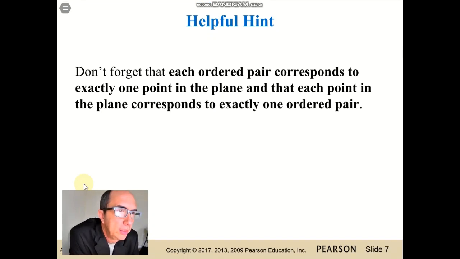Don't forget that each ordered pair corresponds to exactly one point in the plane, and that each point in the plane will correspond to only one ordered pair.